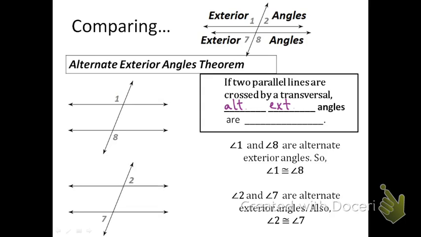When we look at those, one is obtuse, and the other one as well. So those are also congruent. We could say that angle 1 is congruent to angle 8, or if you look at the bottom figure, angle 2 and angle 7, both acute angles, are also congruent.